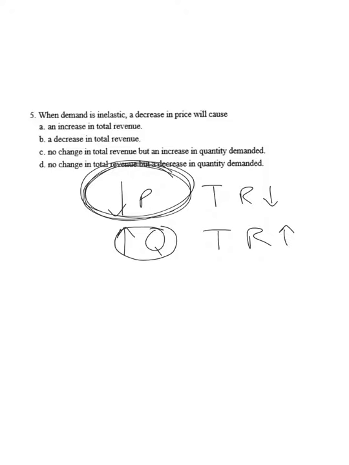So overall, we're going to see the total revenue going down. So the correct answer here is B. When demand is inelastic, a decrease in price will cause a decrease in total revenue.